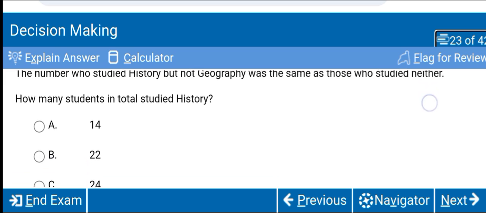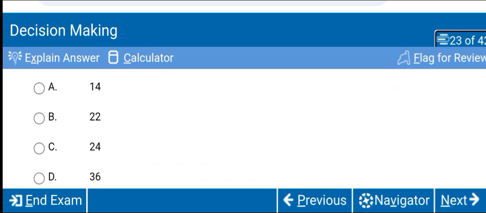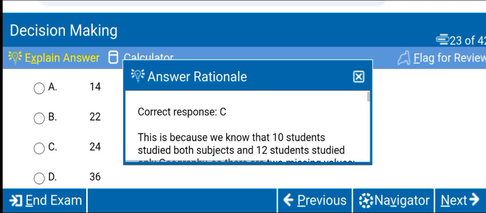So the question is, how many students in total studied history? Option A 14, option B 22, option C 24, and option D 36. Let's see which option is the correct one.